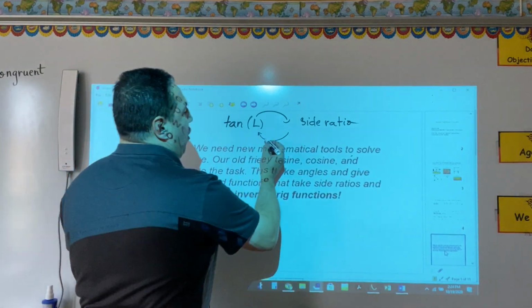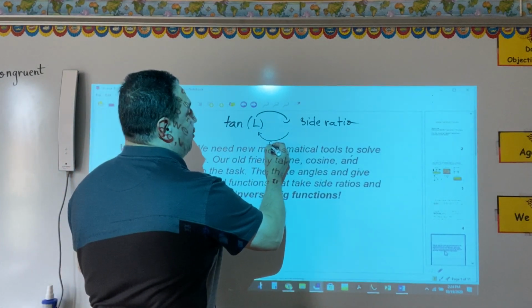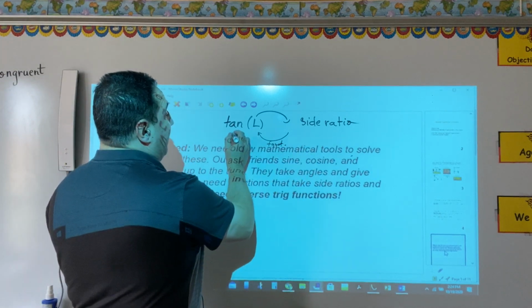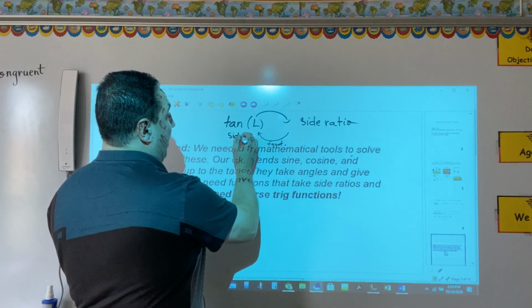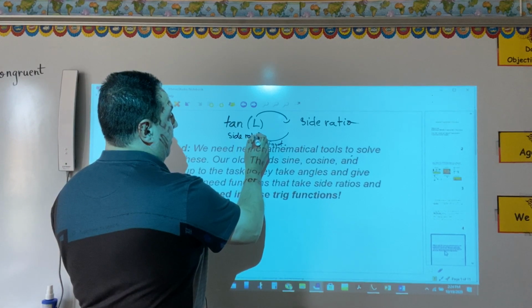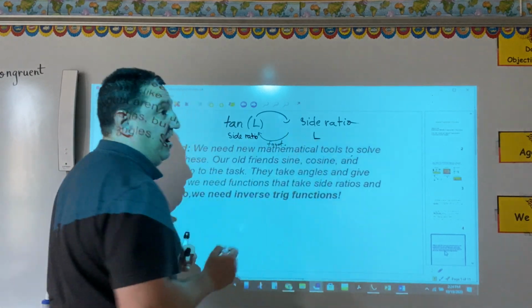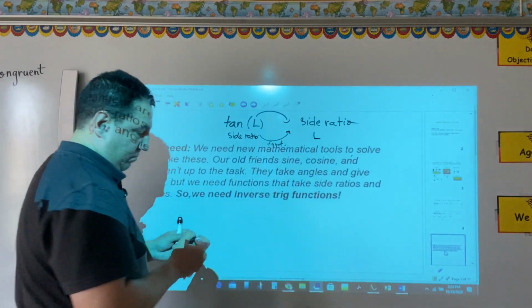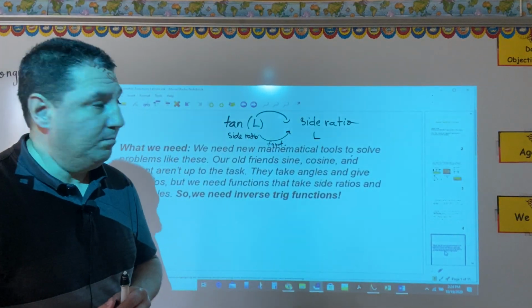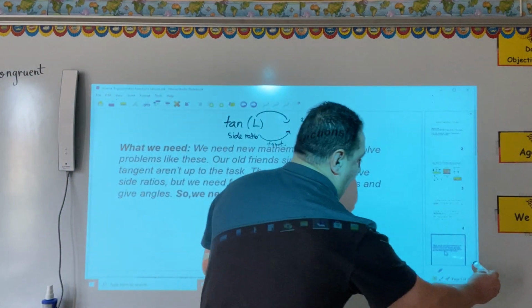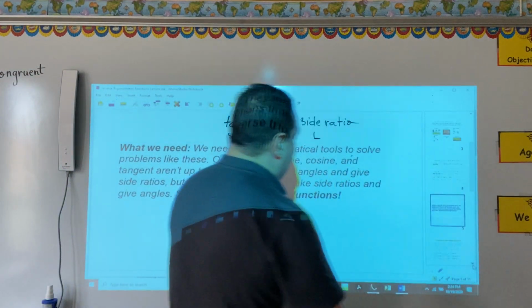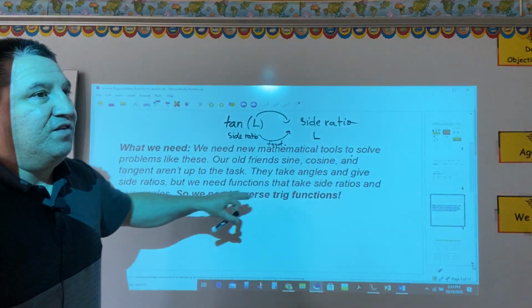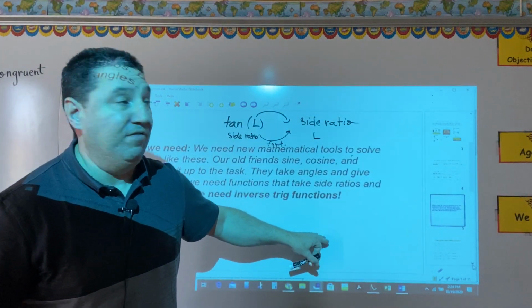So we need another function that takes the side ratio and gives you the angle. That's why we need an inverse of a trigonometric ratio or function.